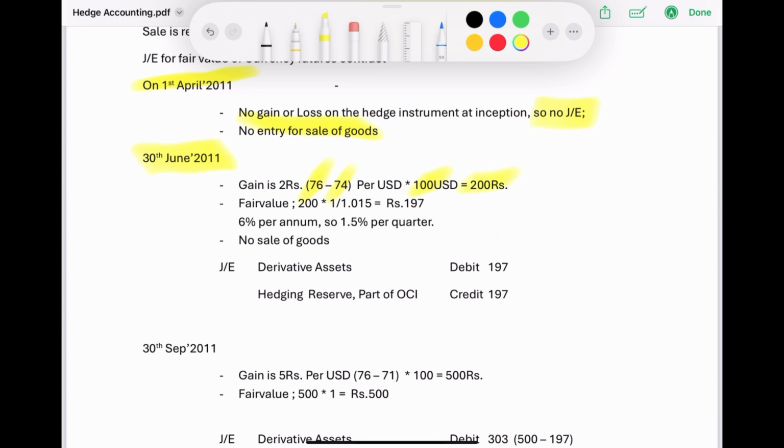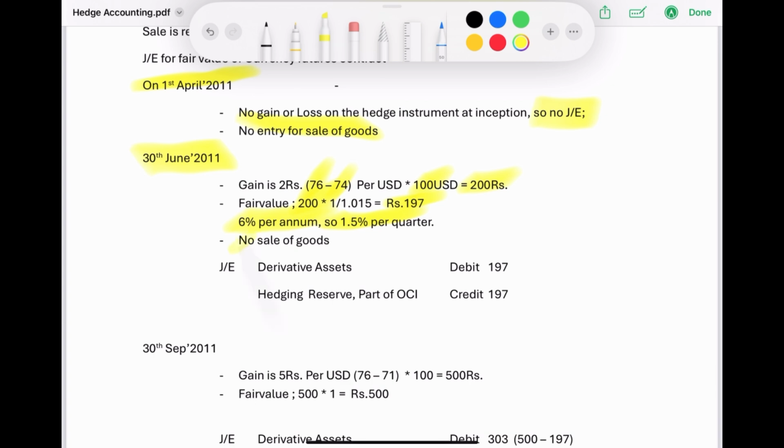Okay, so the fair value is 200, but this 200 includes the interest element. They have given 6% per annum, so if you compute for 3 months, the fair value will come to 197. Okay, so this is 6% per annum, so 1.5% per quarter.